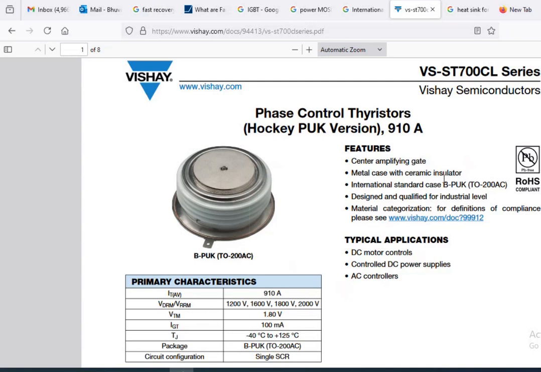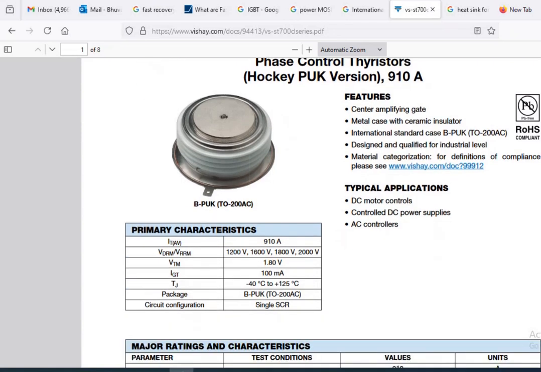So we have said ST700CL series. It can be CLT40, CLT80, and so on. Accordingly, it can withstand either 1200 volts or 1600 volts or 2000 volts and so on. So what is the kind of gate current requirement and so on? All these things are given.